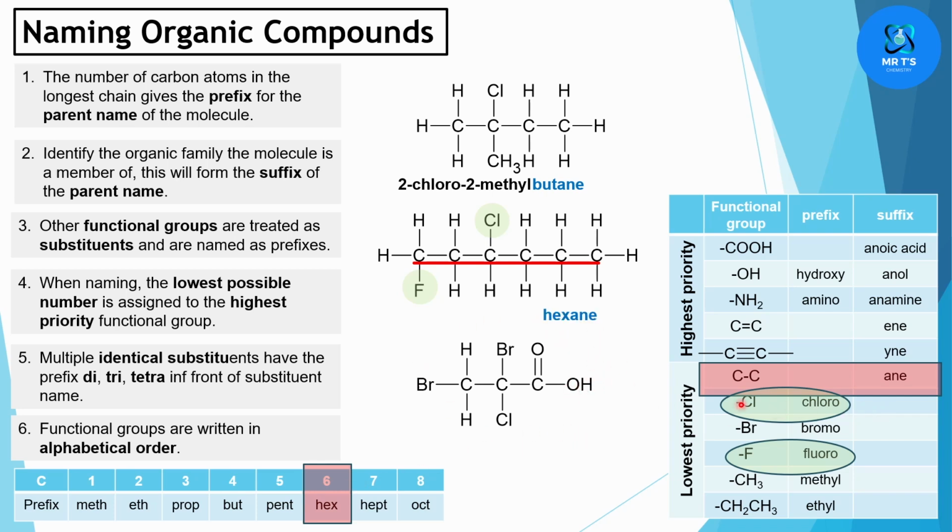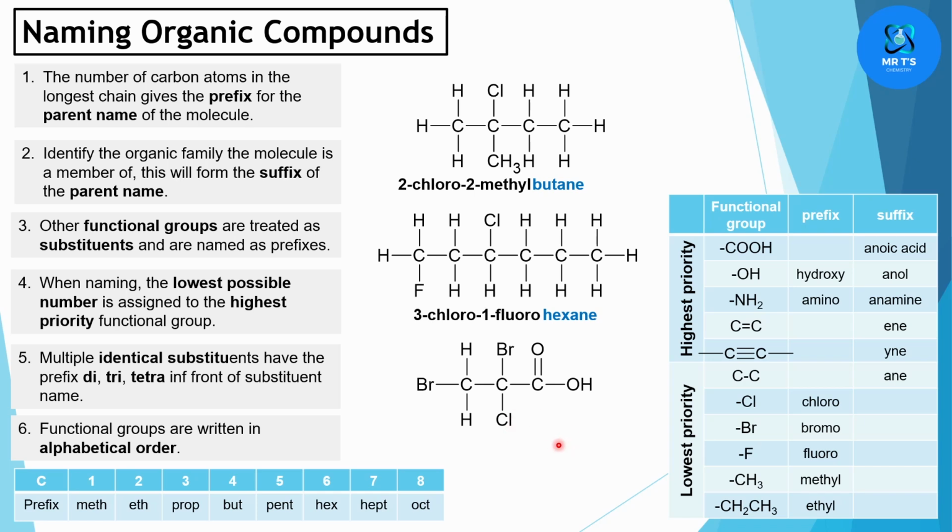Now, chloro comes before fluoro in the alphabet, so we number from that end first. Even though the chloro has a higher number, it is going to be written first because we have to write it in alphabetical order. So we have 3-chloro-1-fluorohexane.